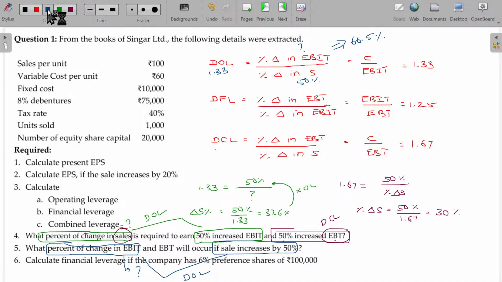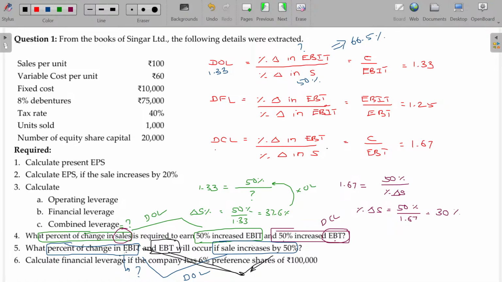The next one is you have to find out what is the percentage of EBIT change if sales is given. What percentage of change in EBIT will occur if sales increases?